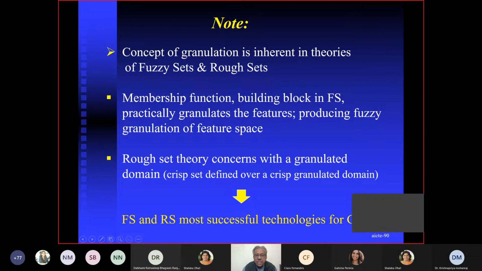Therefore, fuzzy sets and rough sets are the most successful technologies for granular computing. You will see that in the literature, 80%, 90% of the granular literature is related to either fuzzy sets or rough sets, mostly rough set theory, because that itself defines the granulated domain, where each set has been defined.